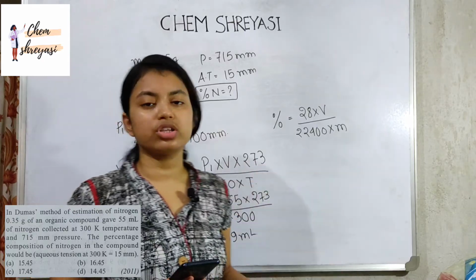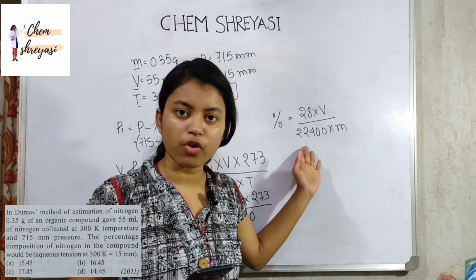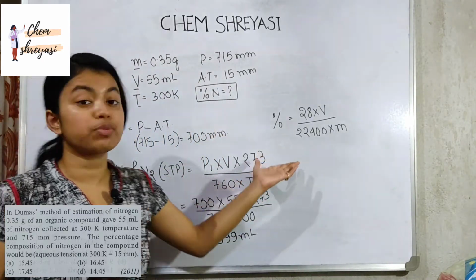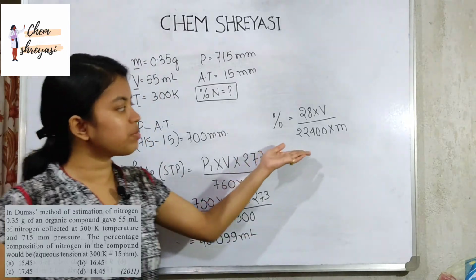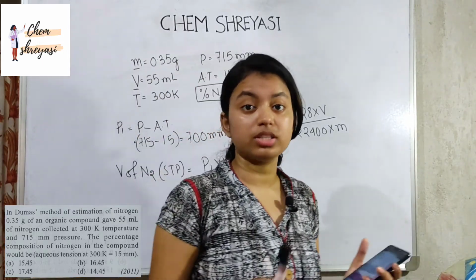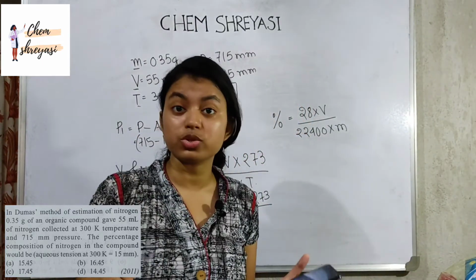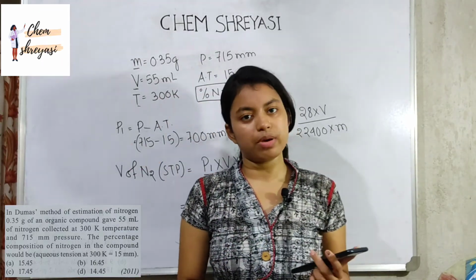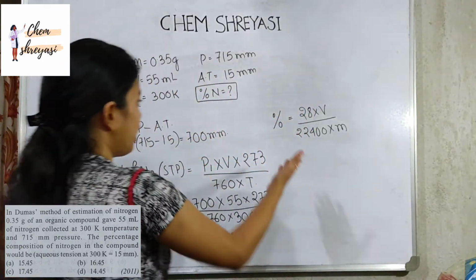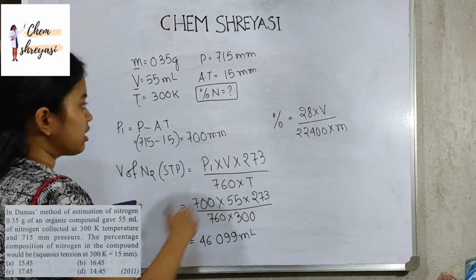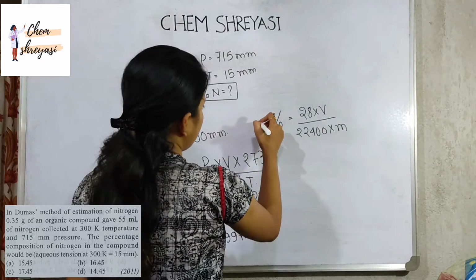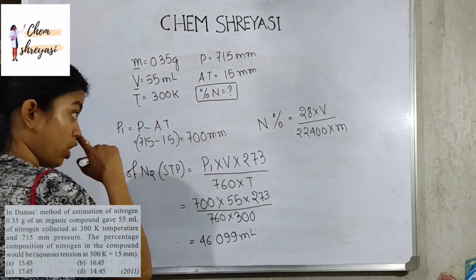You can easily put this formula. If you can remember this formula, it will be very easy and will take much shorter time. And if you don't remember it, we have elaborated how we got this formula in the previous question. In that way also you can remember it. So I will directly put the values in this formula. This is the nitrogen percentage.